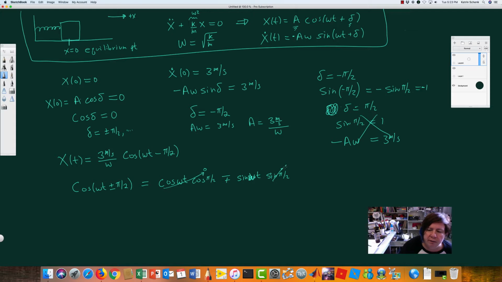Sine of pi over 2 is 1. So this just becomes minus plus sine omega t. In this case this is the minus sign, so it gets the plus sign on the sine. So this is really 3 meters per second over omega times sine of omega t.